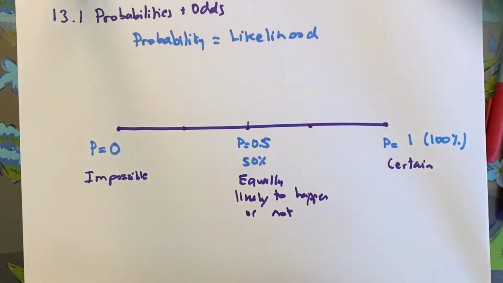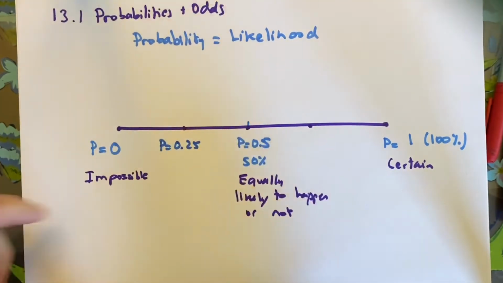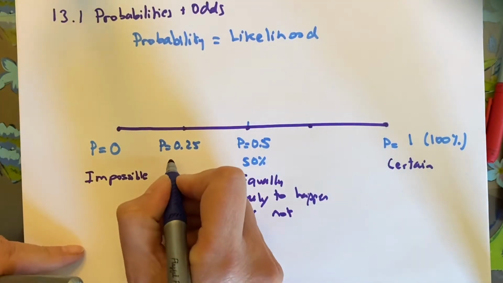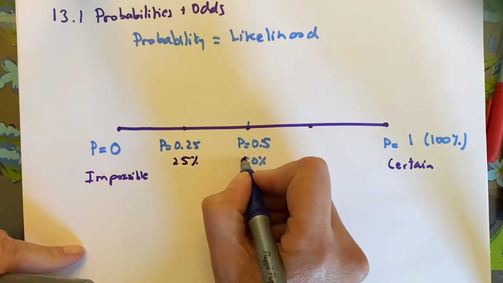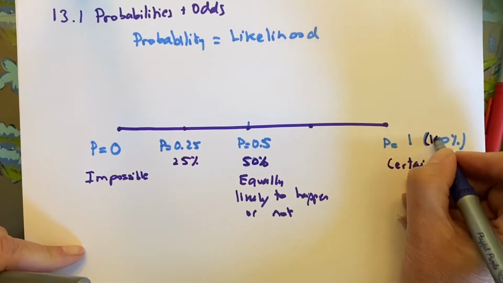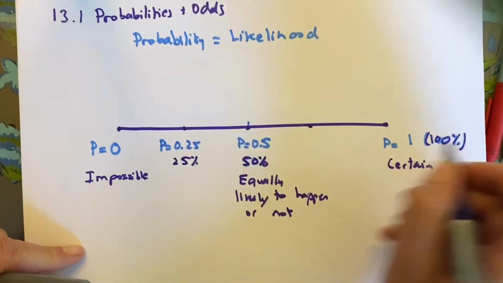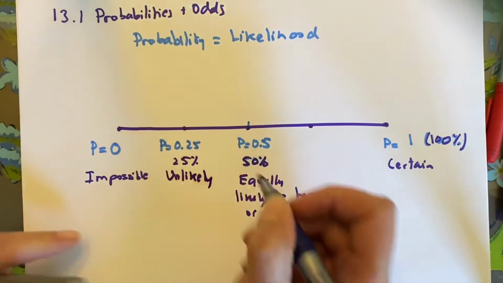Then we have P equals 0.25, or 25% probability, right? Say if I said it's a 25% probability of rain, you'd say, oh, well, then I can go and expect to enjoy my picnic. That means it's really not going to rain because rain is unlikely.